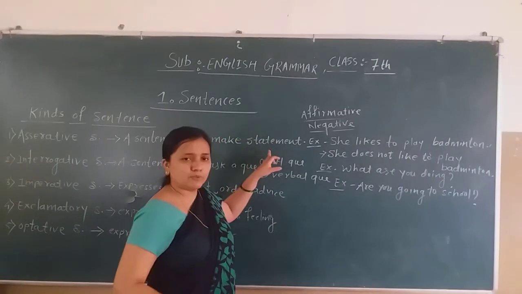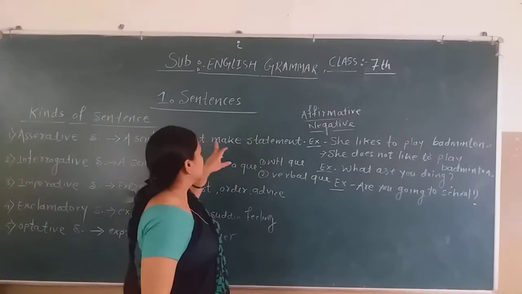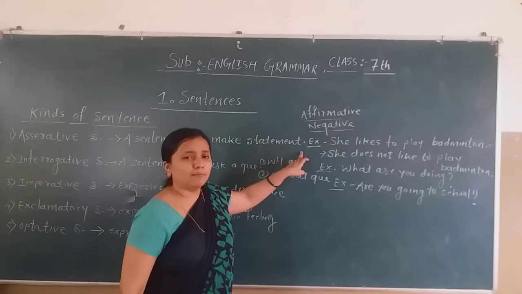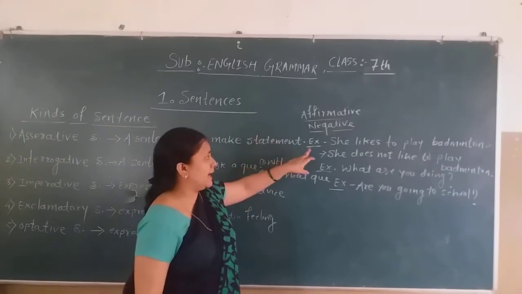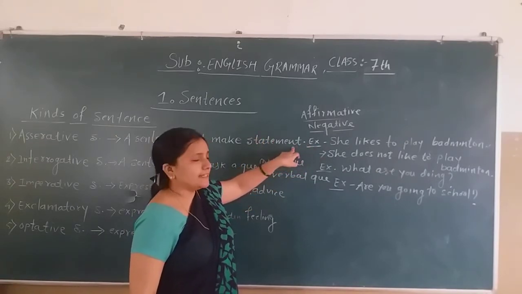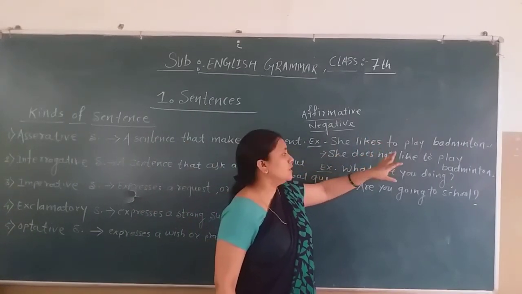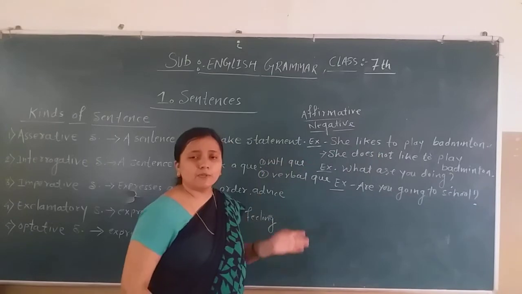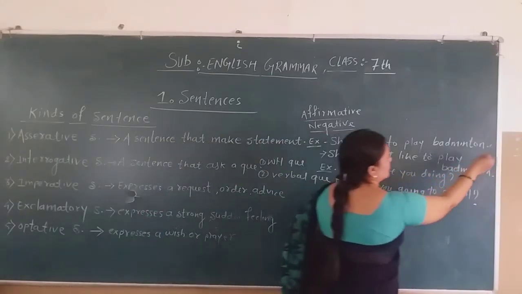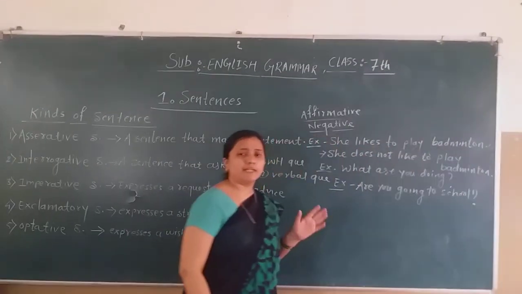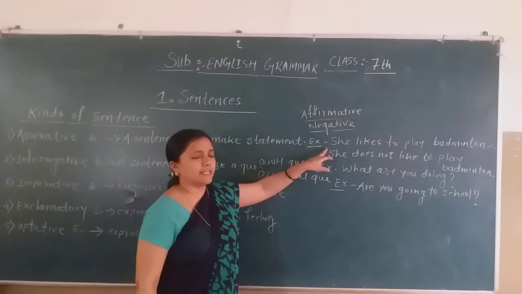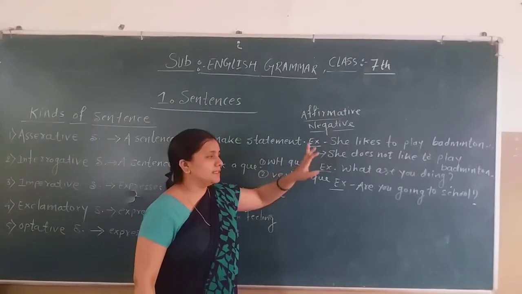First one, assertive sentence, the sentence that makes any statement or assertion, and we could write about any fact. Any assertive sentence ends with a full stop and starts with a capital letter.